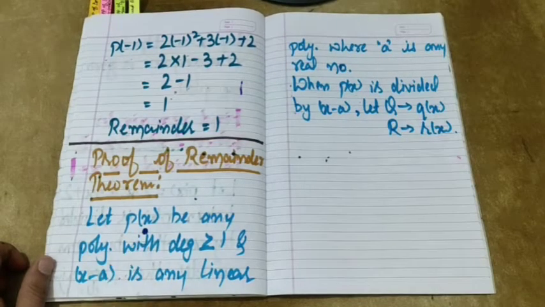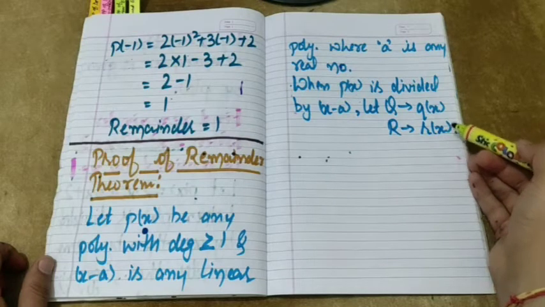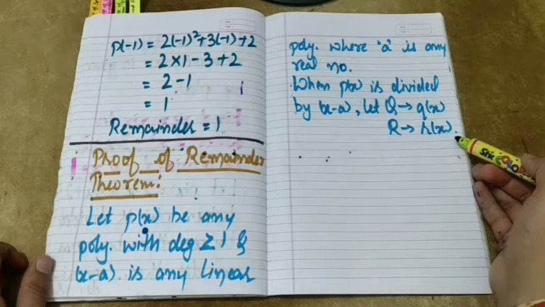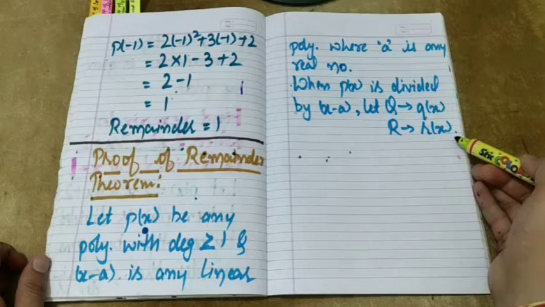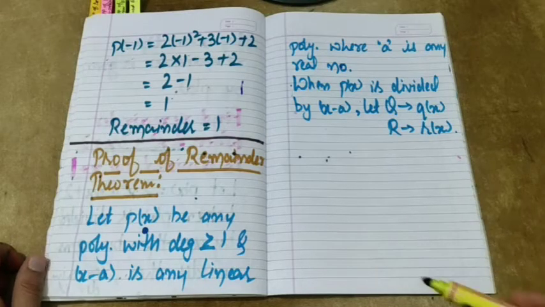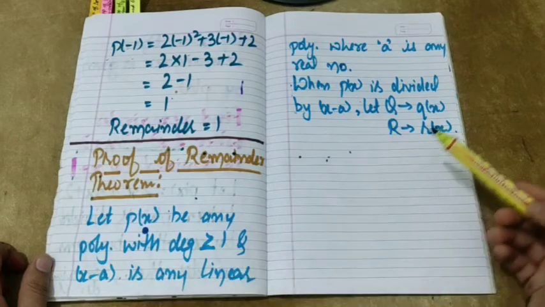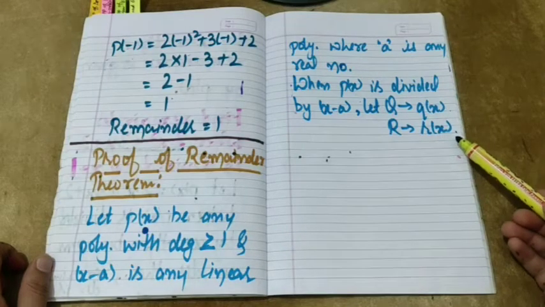That's why the quotient and remainder will also be in terms of the variable x only. They may be constant as well, but if there is a variable, it will be only x. So now p x is the dividend, x minus a is the divisor, q x is the quotient and r x is the remainder.